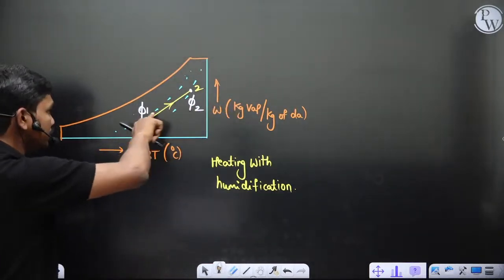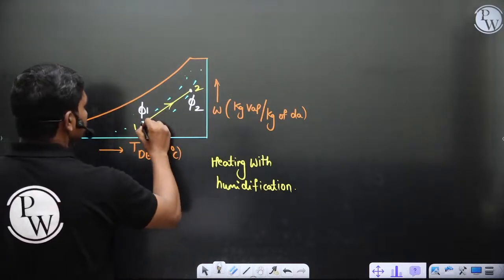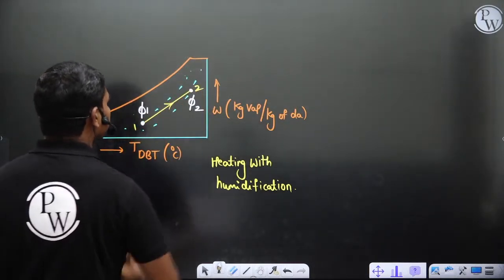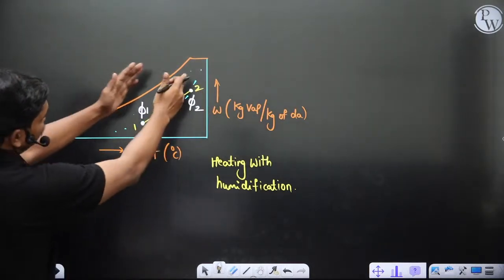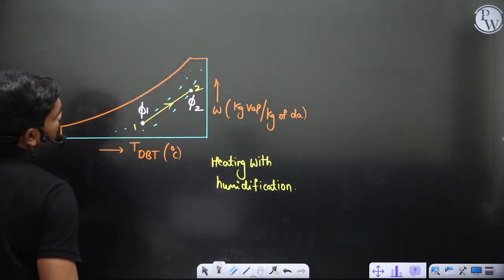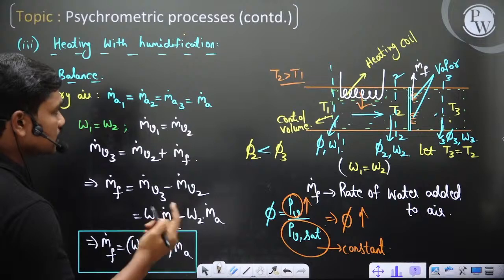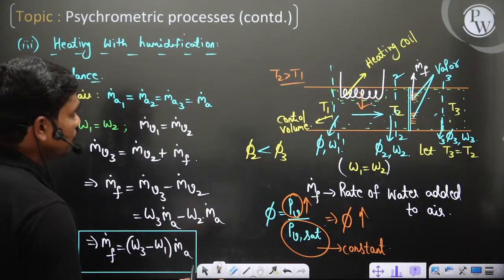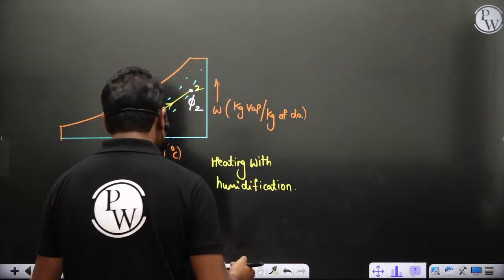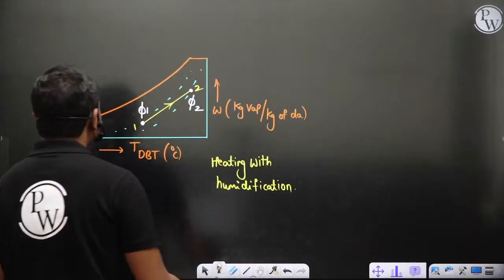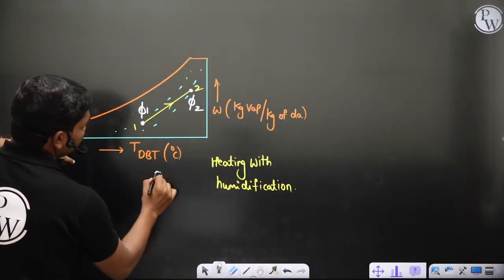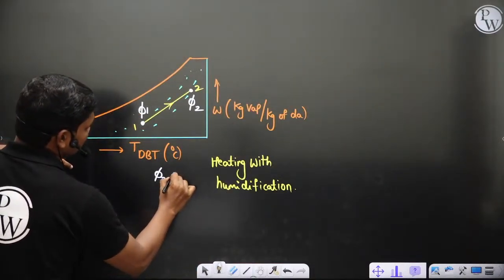As you go in the right direction, this is heating with humidification, 1 to 2. Phi increases as you go in this direction. Here we have taken temperature increases directly, so this is a separate case. But normally in this case, your phi 2 is less than phi 1.